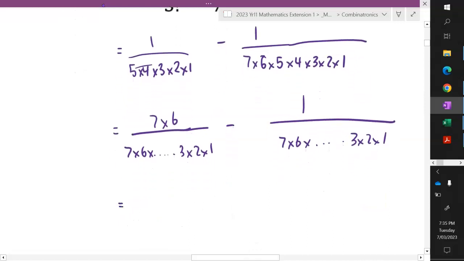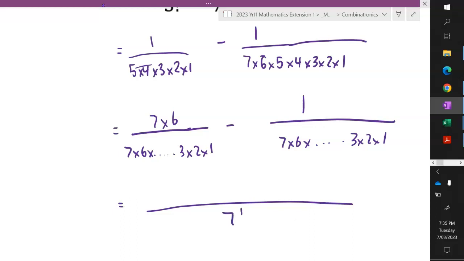So what we have on the top line is going to be the combination of our two tops, because our bottoms can stay the same. And I'm going to write the bottom as 7 factorial now, because that looks a lot neater. So my top line is 7 times 6 minus 1. 7 times 6 is 42, so I've got 41 over 7 factorial, and that is my answer.